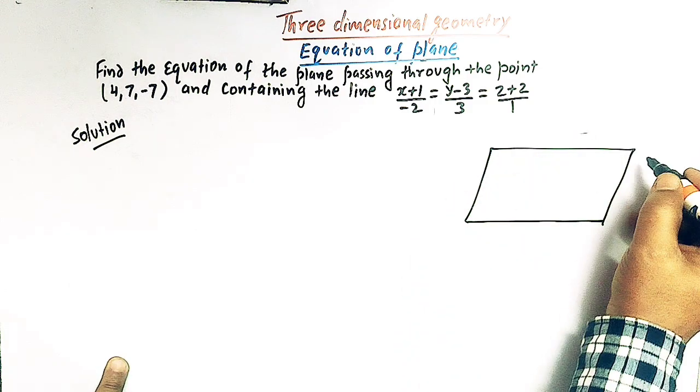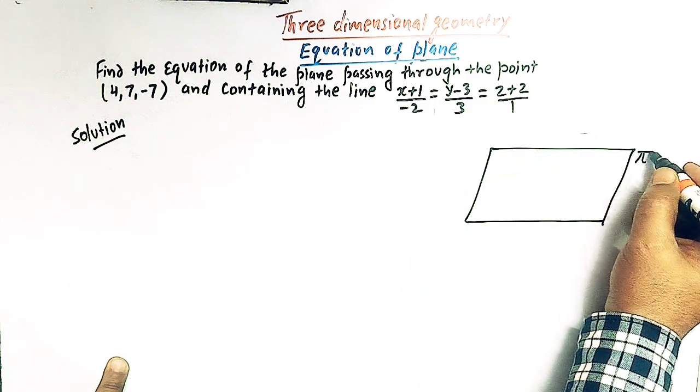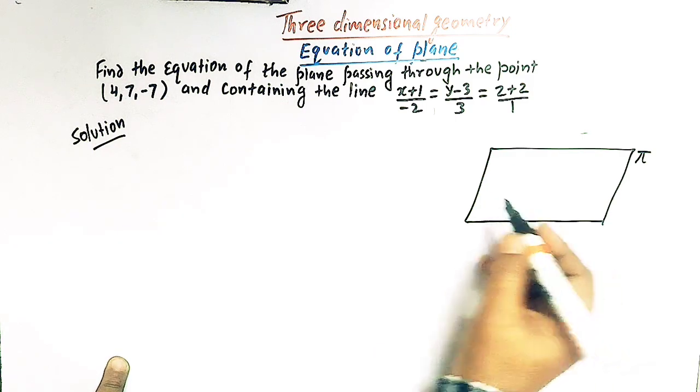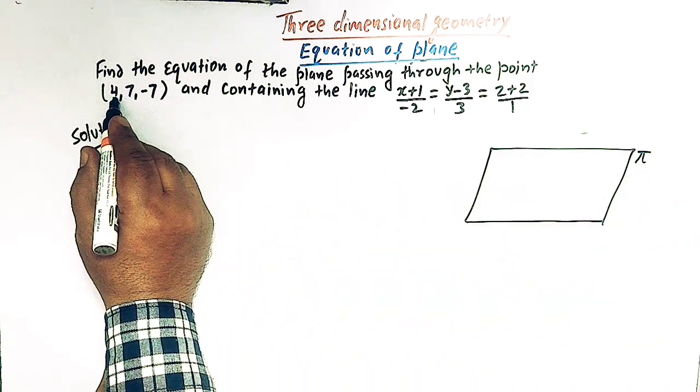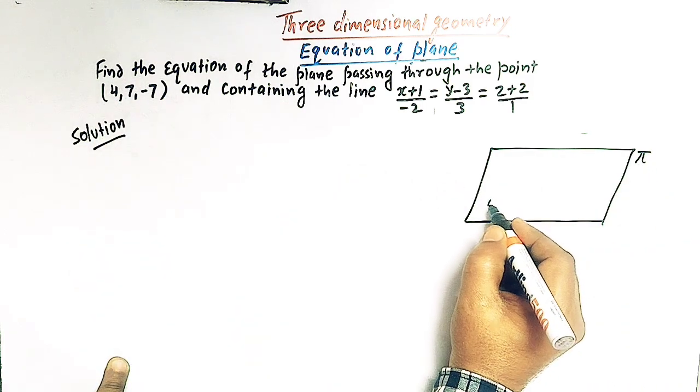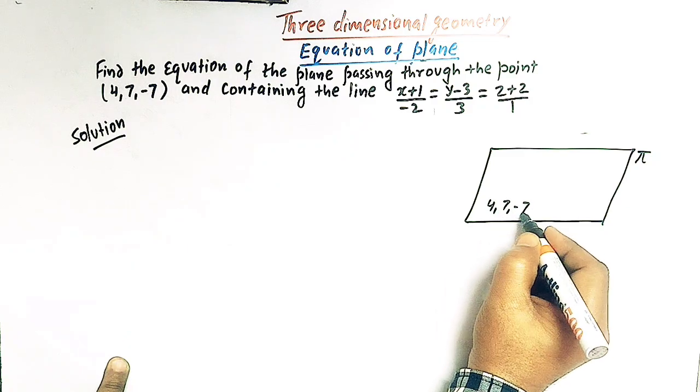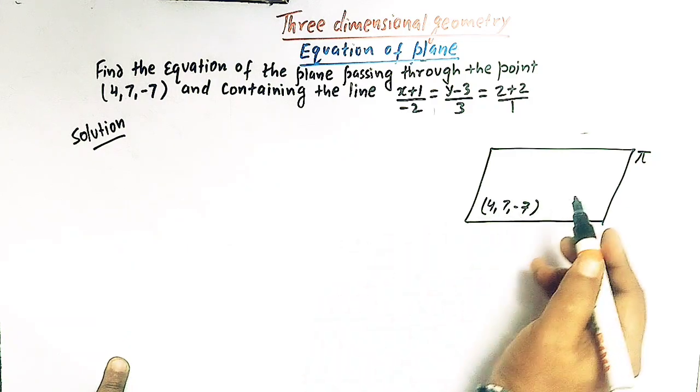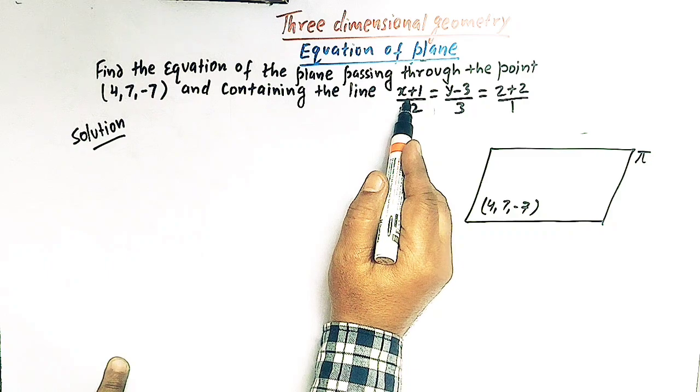Now this plane may be denoted by the letter pi, and here this plane pi contains this point, that is 4 comma 7 comma minus 7, and this plane contains this line.